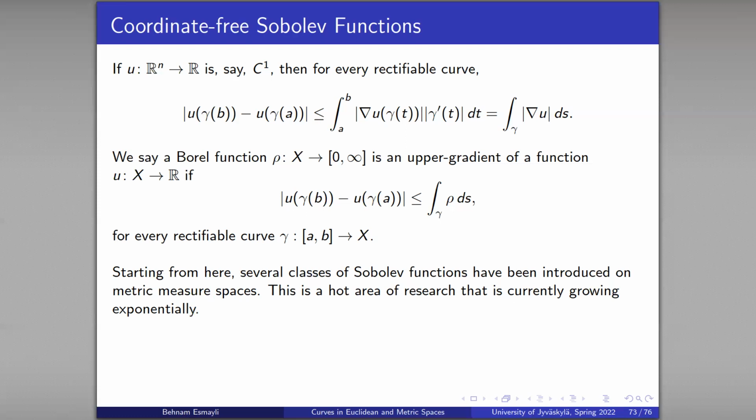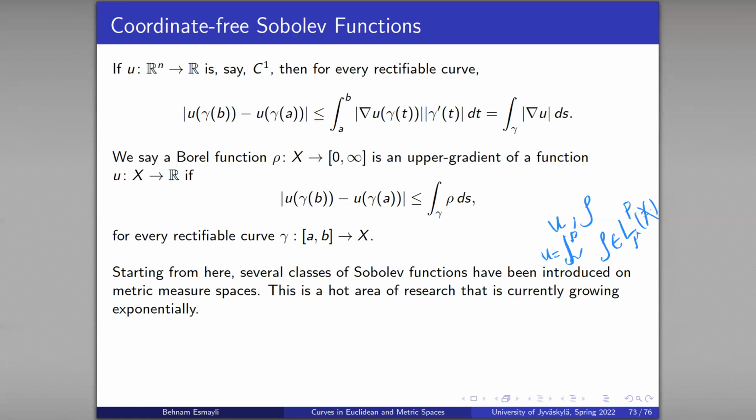So a Sobolev space, roughly in this setting, will be a function u that has an upper gradient rho, such that rho is now integrable in L^p, for example, L^p of X with respect to this measure mu. We can also assume some integrability on u itself, for example, u measurable and integrable, or locally integrable, things like that. That will be the type of Sobolev functions we're talking about.